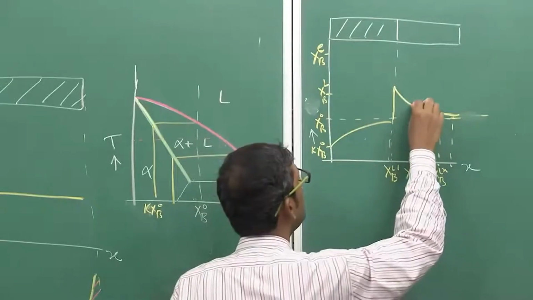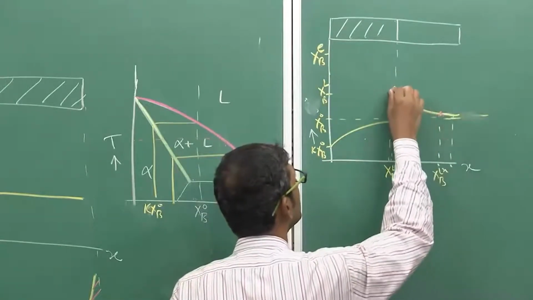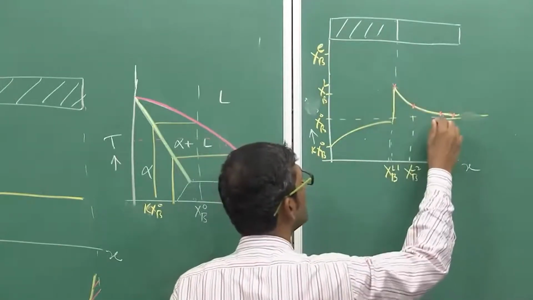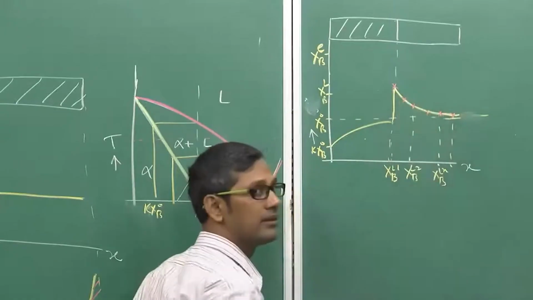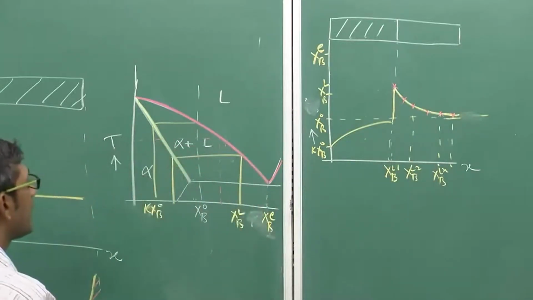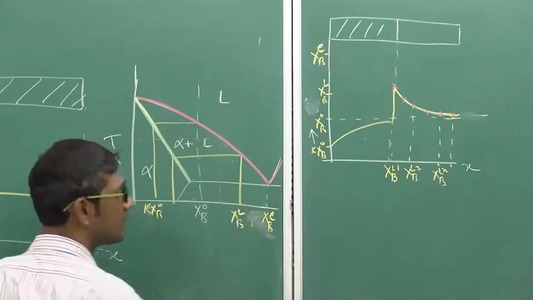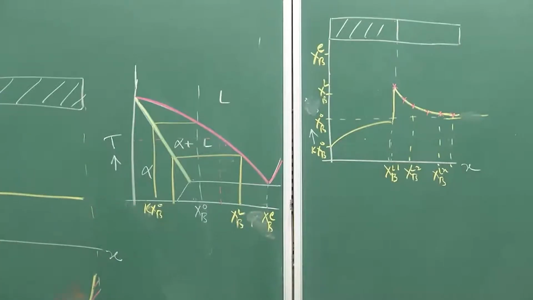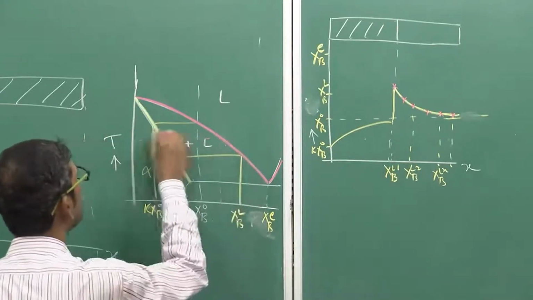So, I can measure the composition at each point in the liquid, and then plot these compositions on the x axis of this phase diagram. By doing that, I will know the liquidus temperatures.